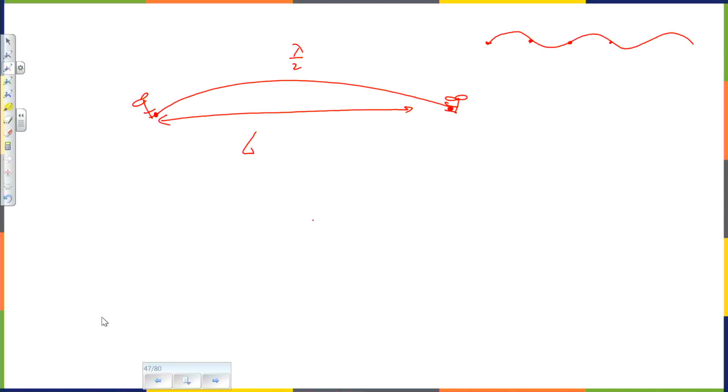So the fundamental still equals this, but the speed now, of course, is not the speed of sound in air. That is the speed for waves on a string, but the equation which relates modes and length is exactly the same.